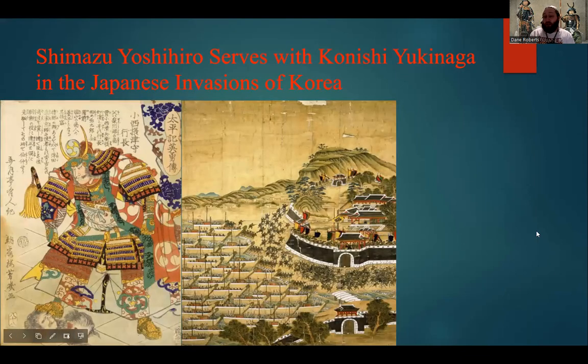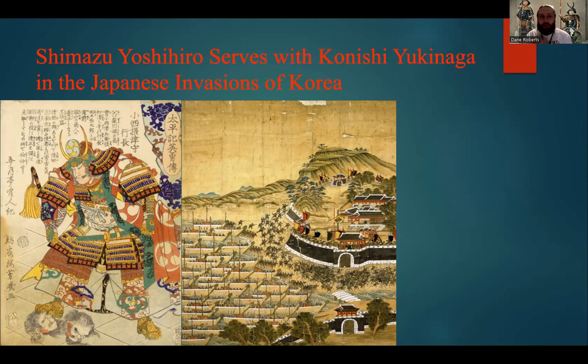And in fact, much like the Chosakabe clan, the Shimazu clan would remain, for the most part, fairly loyal to the Toyotomi clan after this, with Shimazu Yoshihiro actually serving in the Japanese invasions of Korea under one of Toyotomi Hideyoshi's best generals, Konishi Yukinaga.